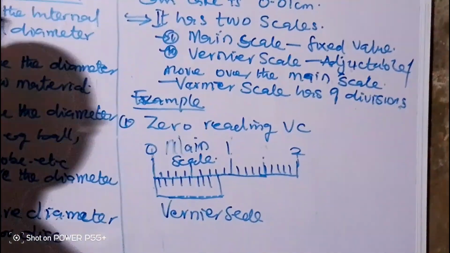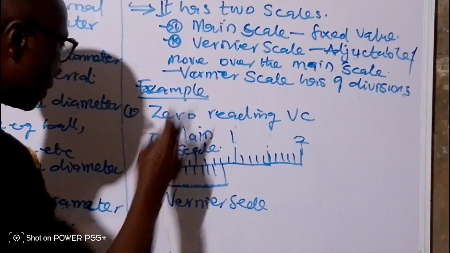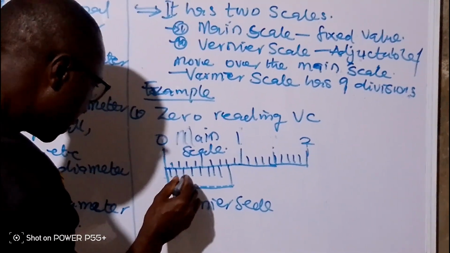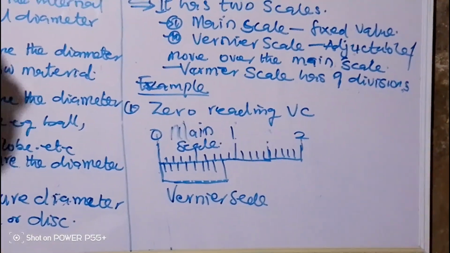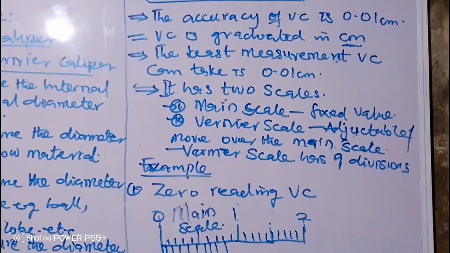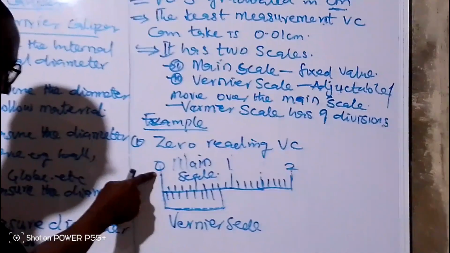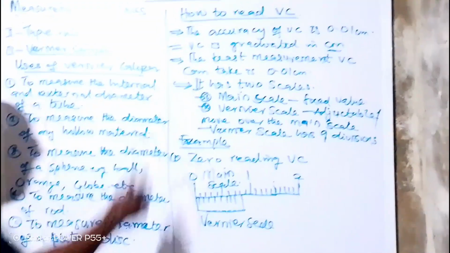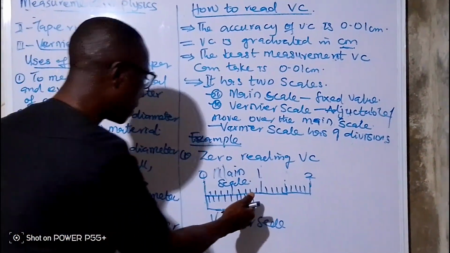If you count the number of lines on the vernier scale, it has 9 divisions. This line is 0, 1, 2, 3, 4, 5, 6, 7, 8, 9. Each division is 0.01 centimeter. So zero reading vernier caliper means the zero arm of the main scale is on the zero arm of the vernier scale. It means this vernier caliper has not taken any reading at all.